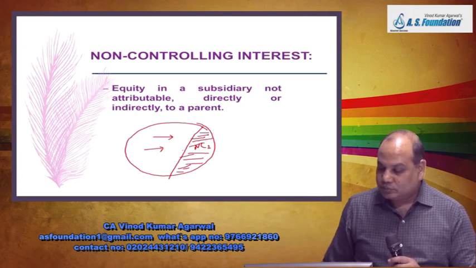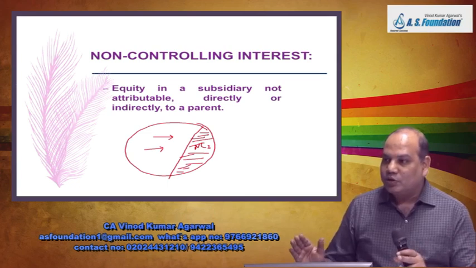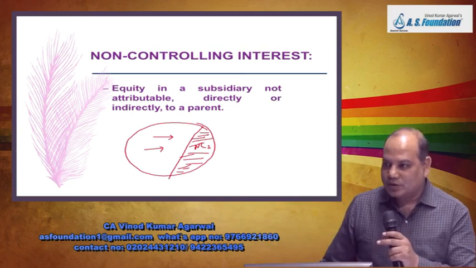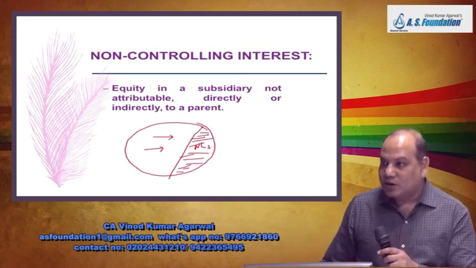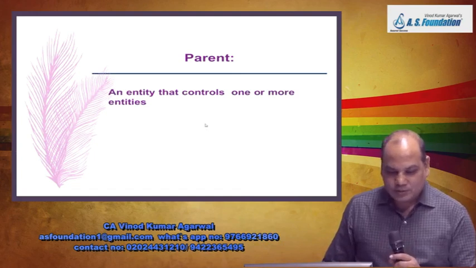Okay. And then we have to also calculate the NCI share in the group profit. Out of the total profit of the group, how much belongs to outside shareholders of the subsidiary? That is to be presented in the statement of profit and loss. Who is a parent?